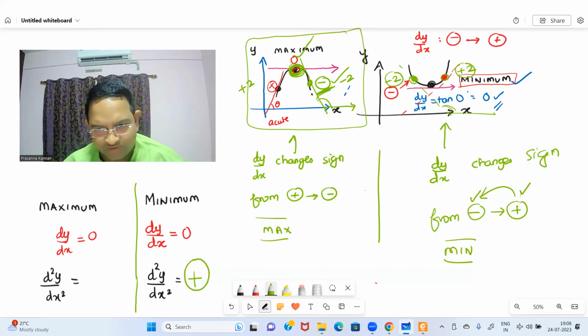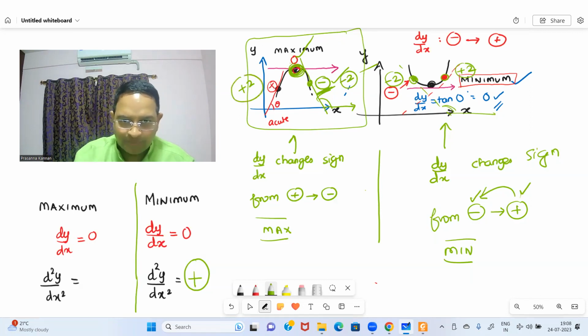What is your answer? -4. I'm not interested in that 4, but you will get a negative number, correct or not? Final value negative. What about the initial value, guys?